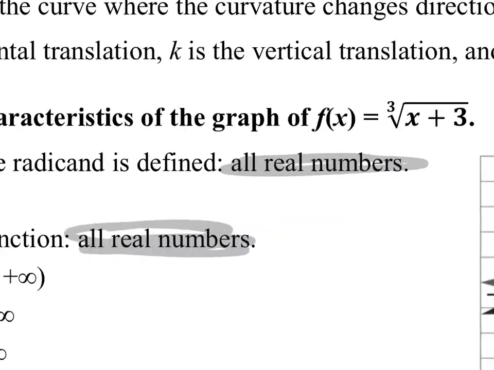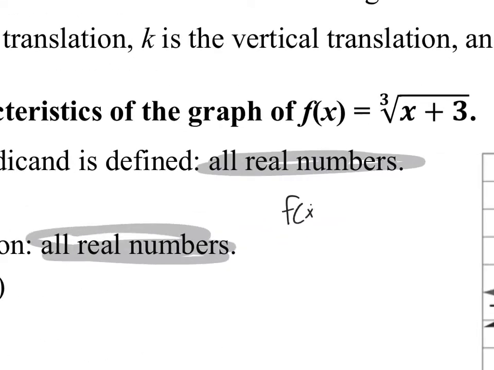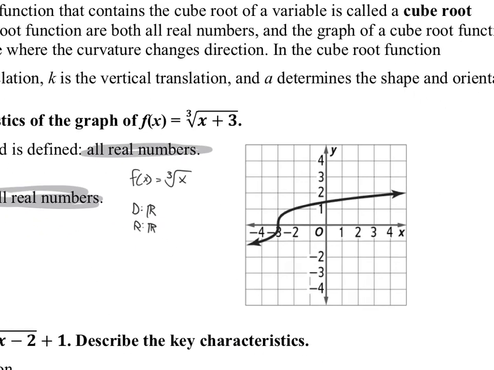So anytime I have a cube root function, my domain and range are both all real numbers. And you can look at the graph and see why. This is going up and to the right forever. This is going down and to the left forever. It doesn't have a breaking point like square roots did.